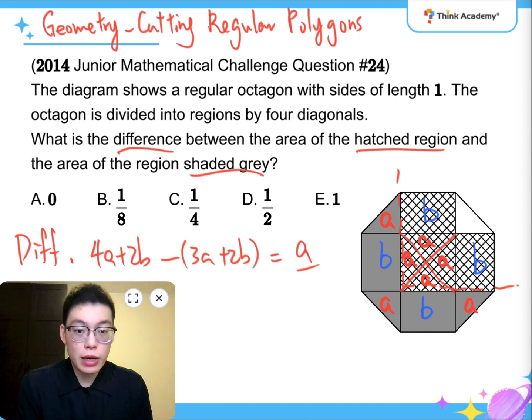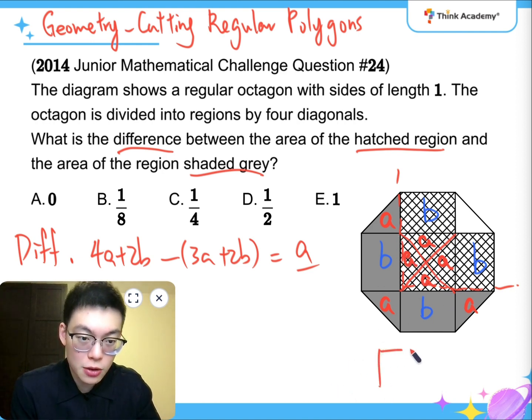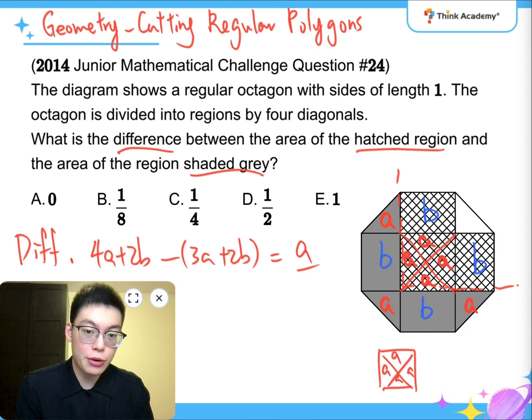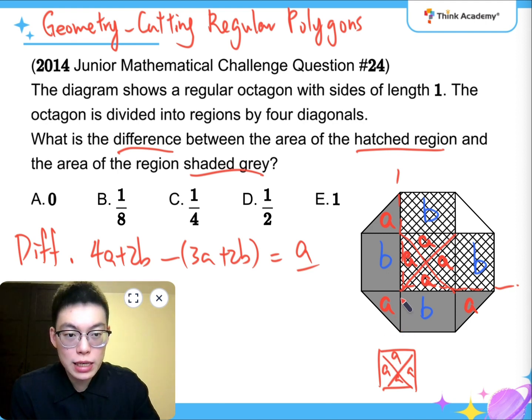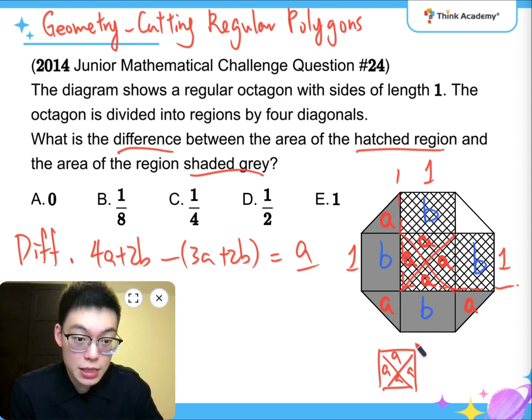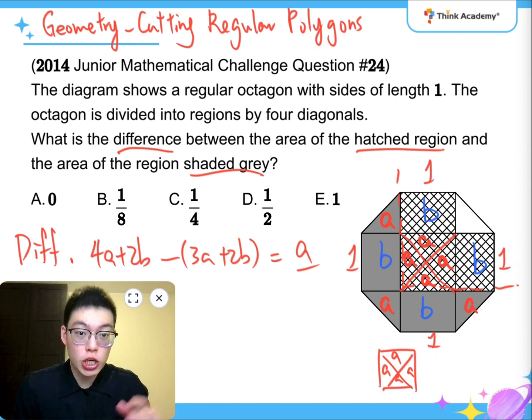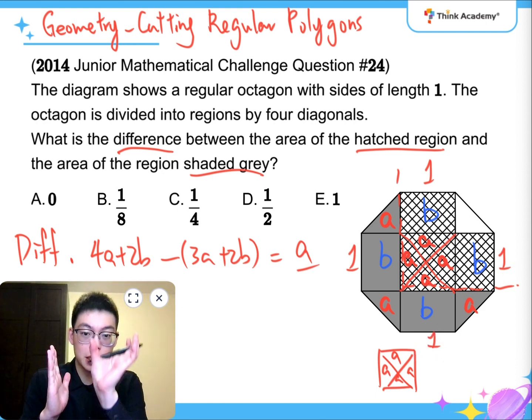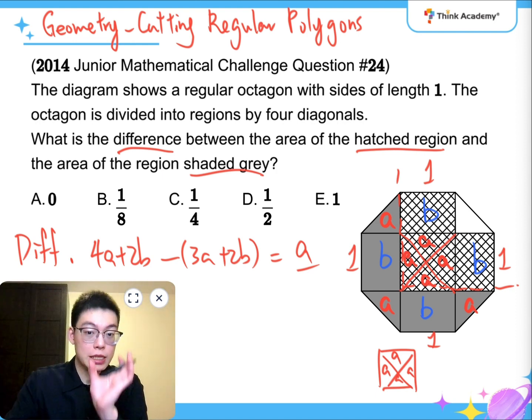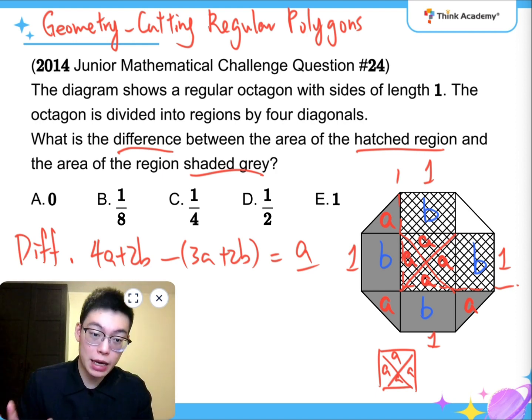And what is the area of one small triangle? Well, we can make use of the square in the center. We know that this square in the center is cut into 4 sections. Each has an area of A, right? And the square in the center, of course, has the same side lengths as the regular octagon, because you can see that the opposite sides of the rectangles have to be the same length, right?